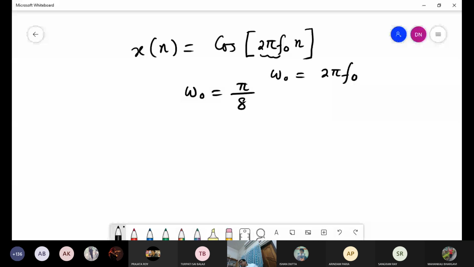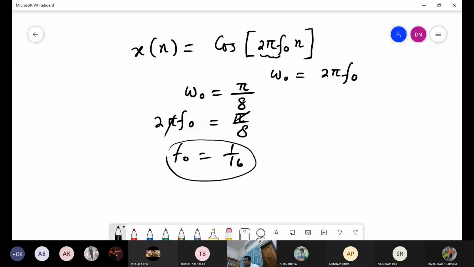If you write omega 0 is equal to pi by 8, then what is f0? Twice pi f0 is equal to pi by 8. Then this pi will be cancelled out, then f0 is equal to 1 by 16. Clear? You take f0 is equal to 1 by 16.